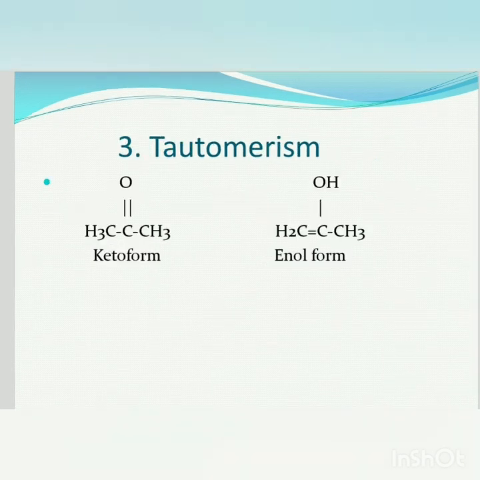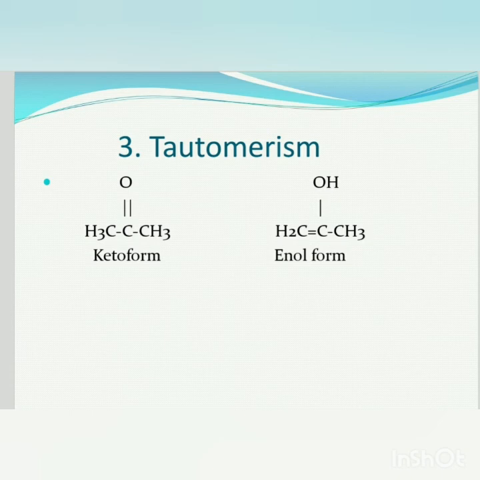The next type of isomerism is tautomerism. We already discussed the definition of tautomerism. Here we have two tautomers. The common formula is C3H6O. Here the formula is CH3, C double bond O, CH3. The name is acetone, dimethyl ketone.